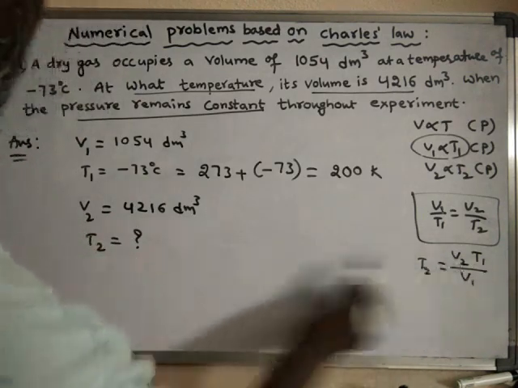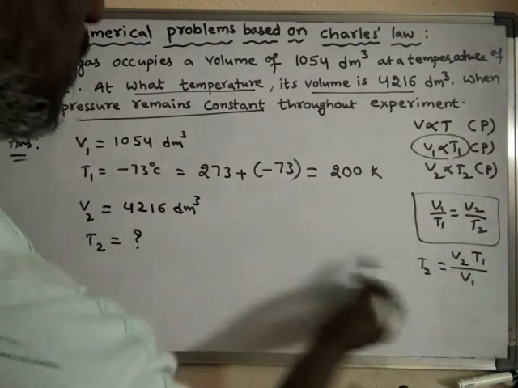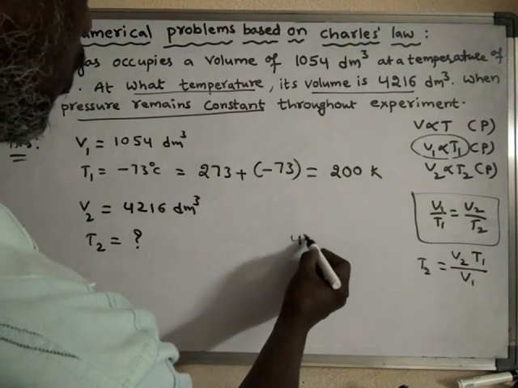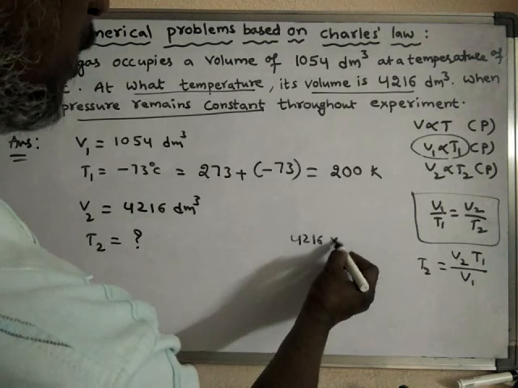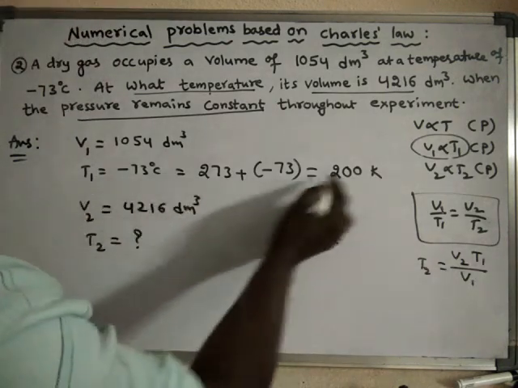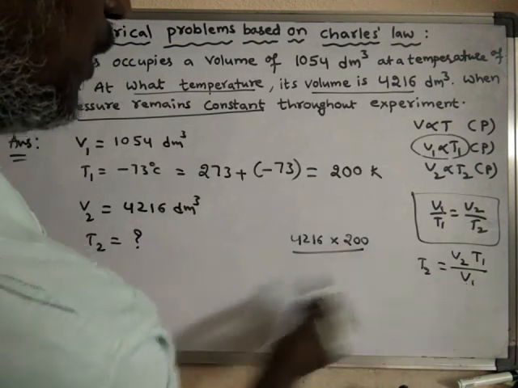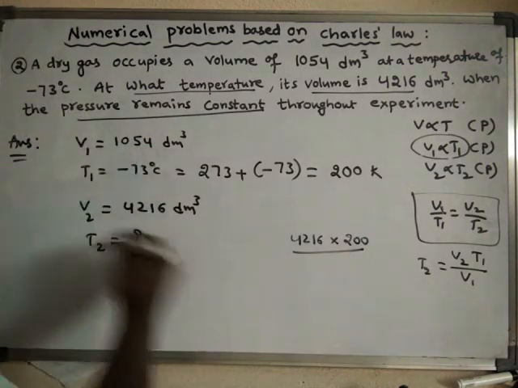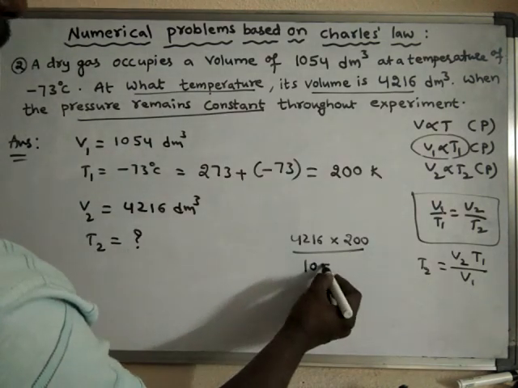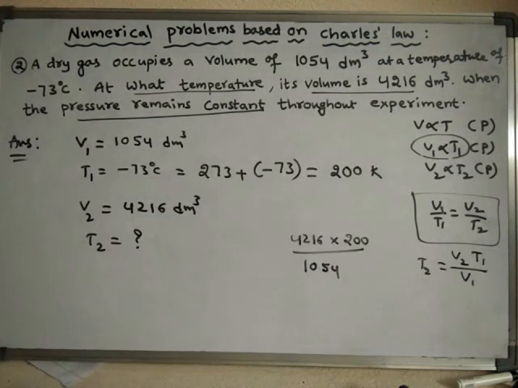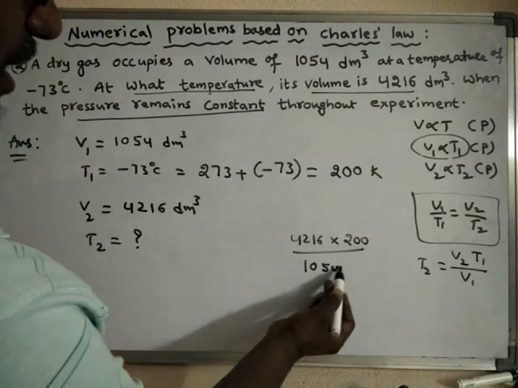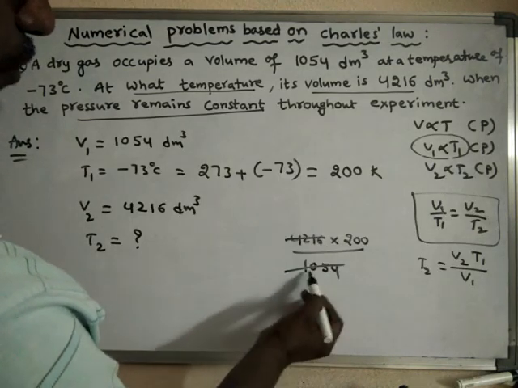What is the V2 value? V2 value is 4216, into the T1 value, which is 200 Kelvin, by V1. What is the V1? 1054. Here exactly it is 4 times 1054.